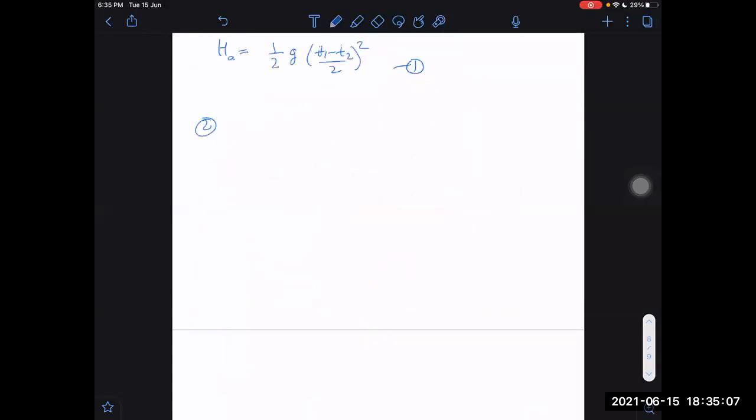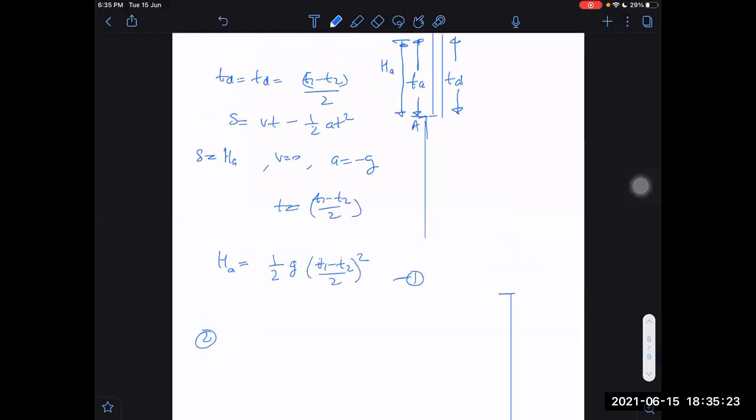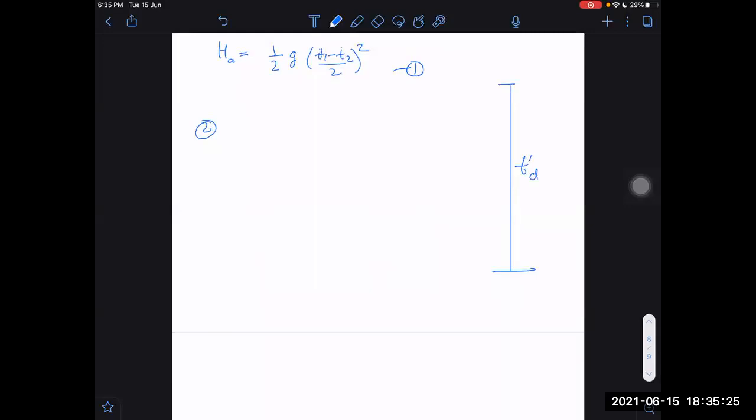Now, if somebody tells me what is the time taken for the downward journey by A, let us call it T dash D, the time of descent of A for the total length. The time of descent up to the top will be equal to TD, but this total I am calling T dash D. What will be T dash D?